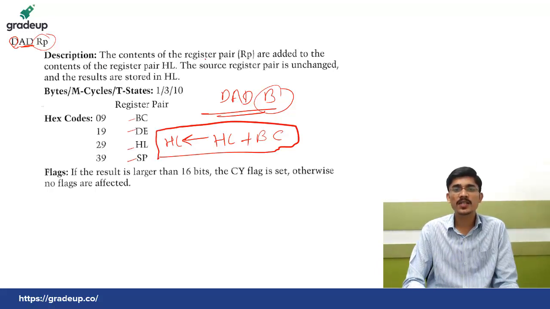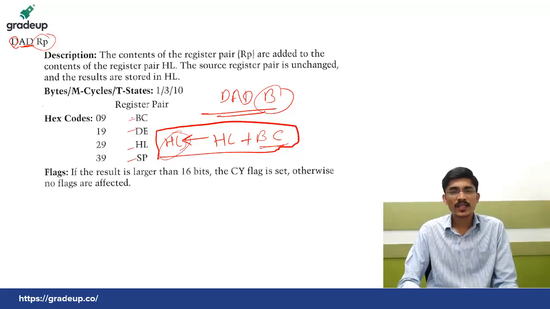The content of the register pair is added to the content of register pair HL, and the source register pair is unchanged. BC contents will be unchanged, but the HL register contents will be added with the contents of BC.